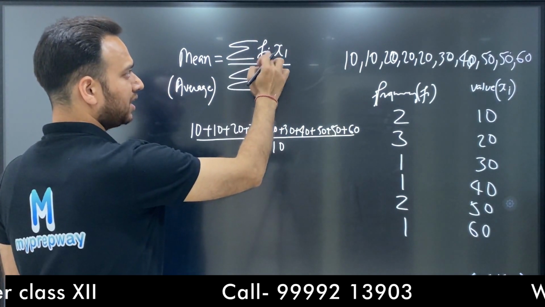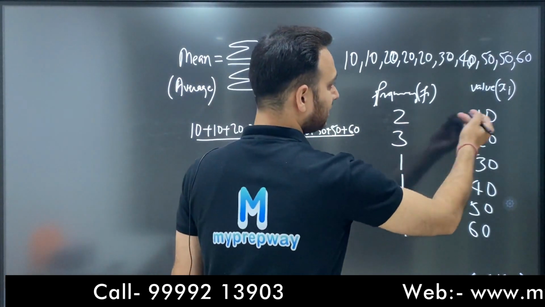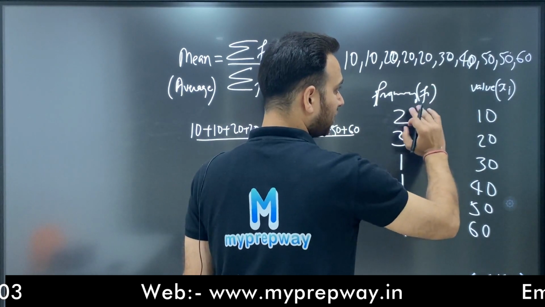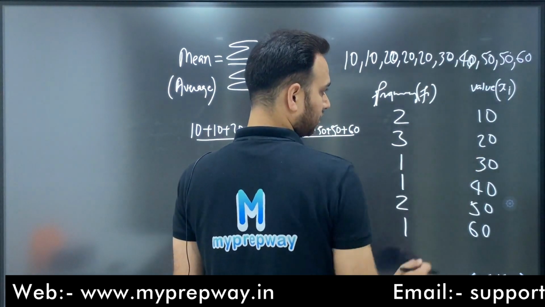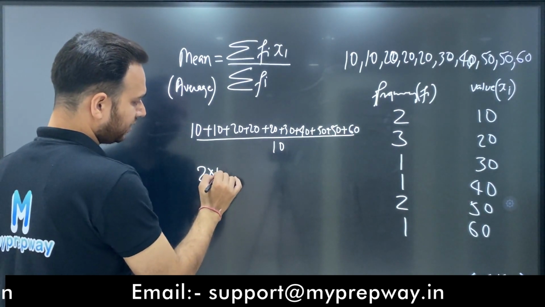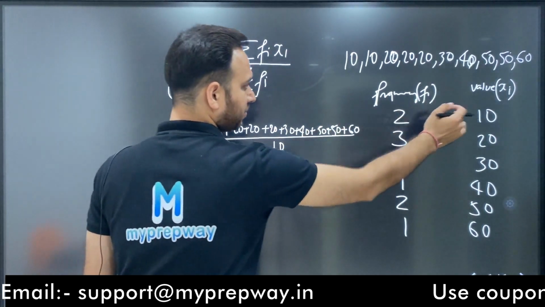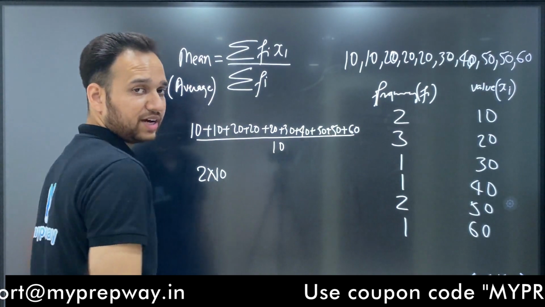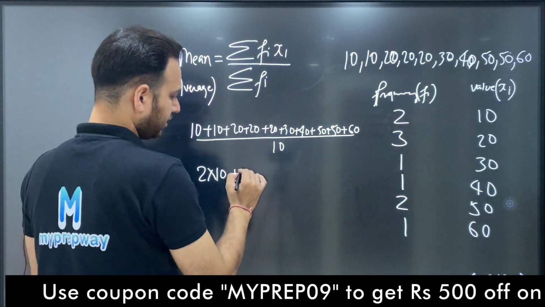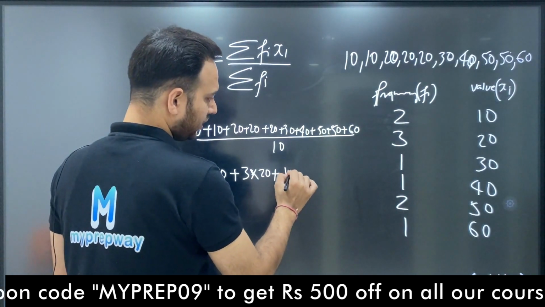You do the sigma fi xi. So you calculate the fi xi, the multiplication of frequency and the value. So you do 2 into 10. That's the first fi into xi. Plus then you do 3 into 20. Then you do 1 into 30.